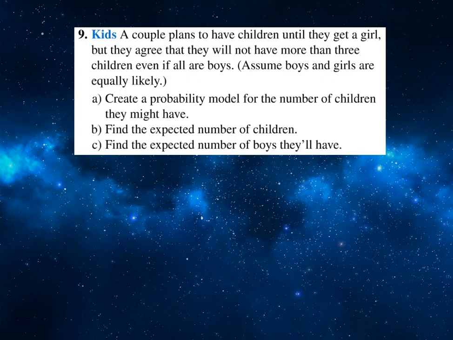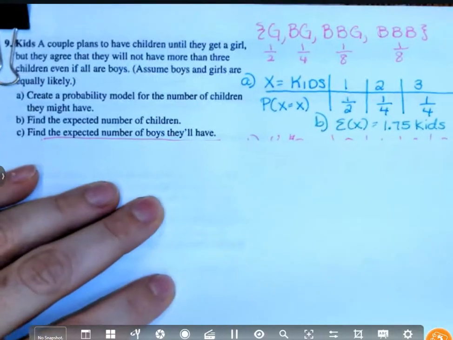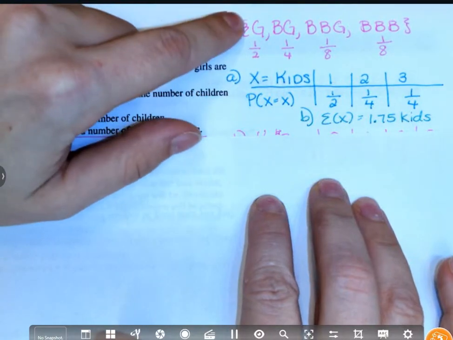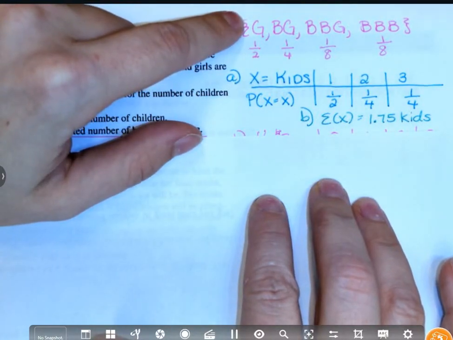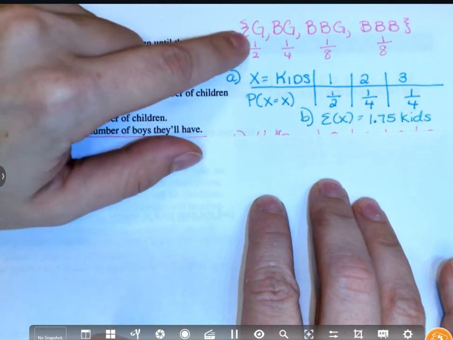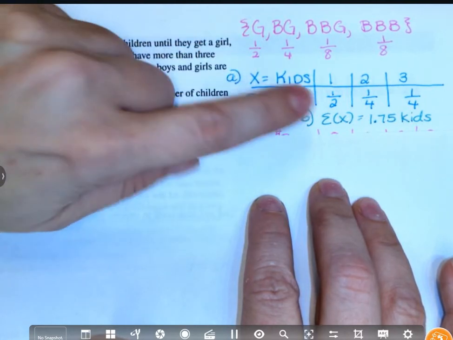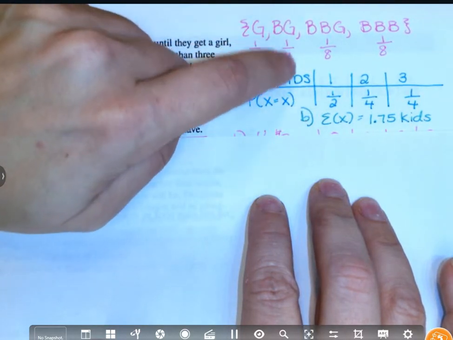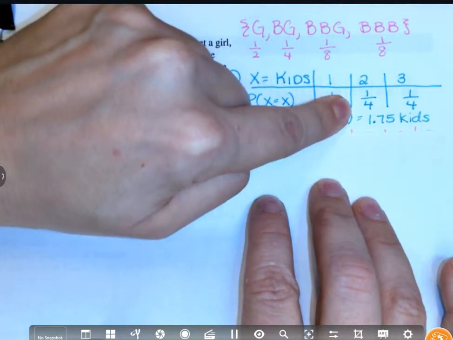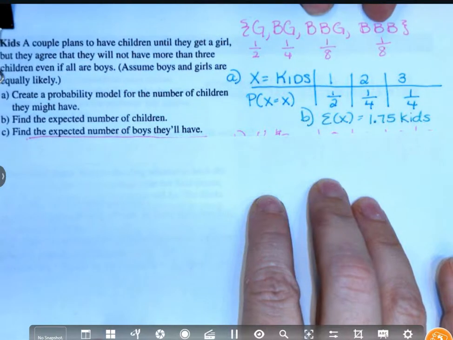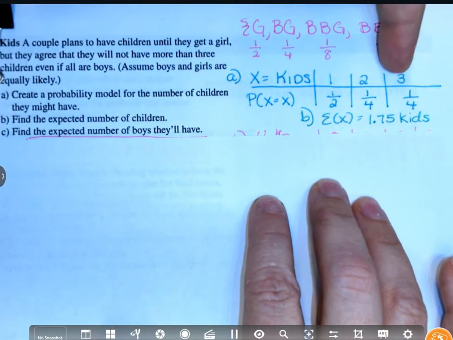Here's what I have. The only outcome that has one child is this one. So there's a 1/2 chance of that occurring. This is the only outcome possible for 2 children. So that is 1/4. 3 kids are both of those together, which makes 1/4.